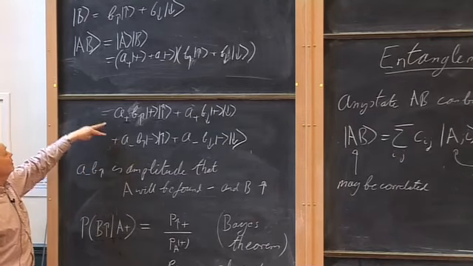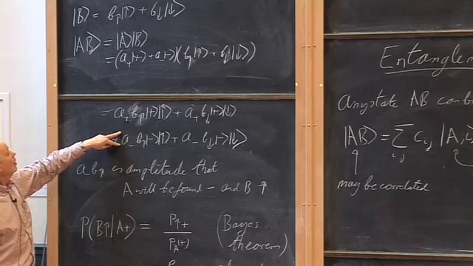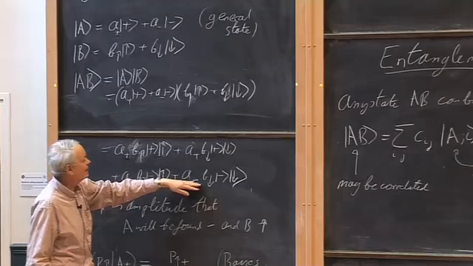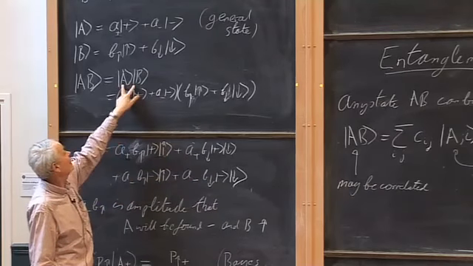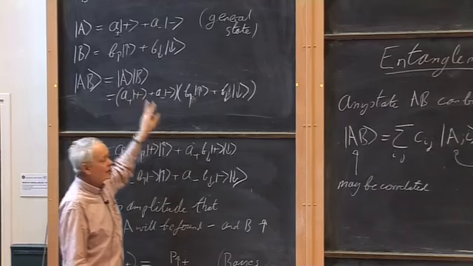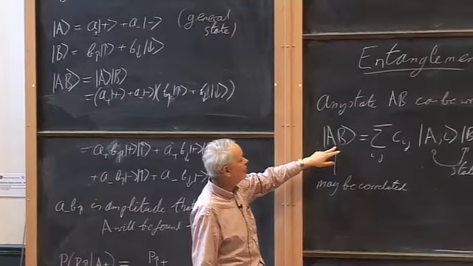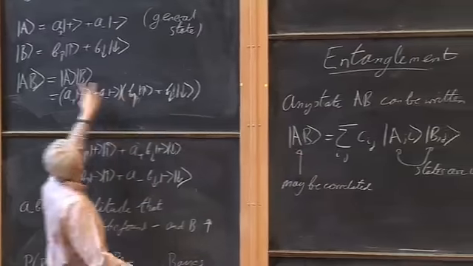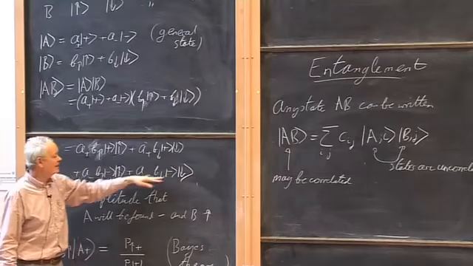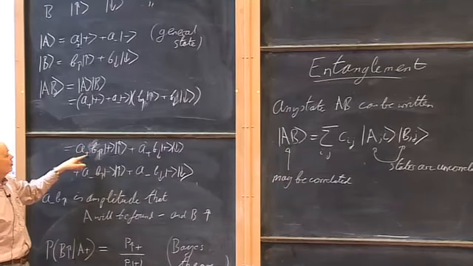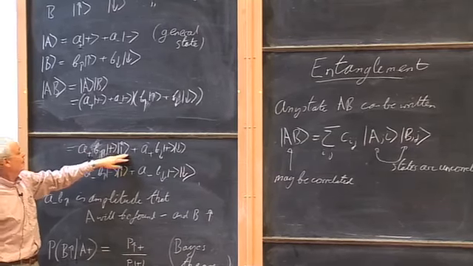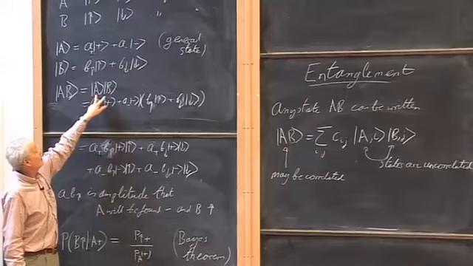And it turned out that in this case, that was still an uncorrelated state because this was simply an expansion in terms of some basis states of a state which was already a product of just two states. So the point is that the general state cannot be written like that, even though when you see a long list of basis states with certain complex numbers in front, it may be that the state can be written thus.